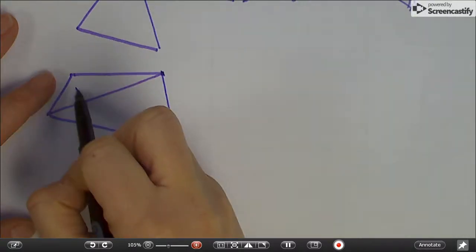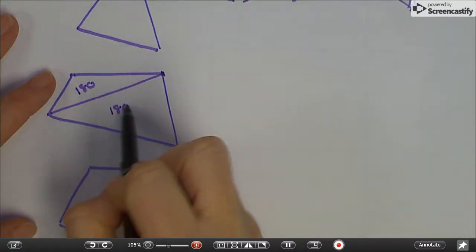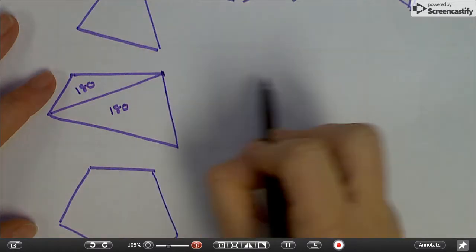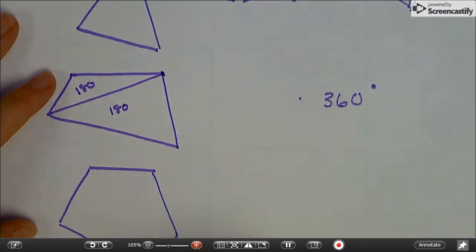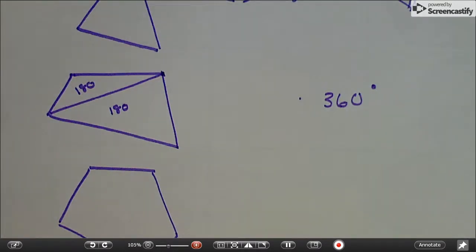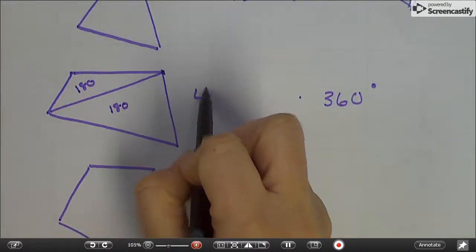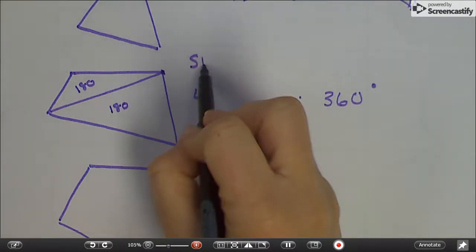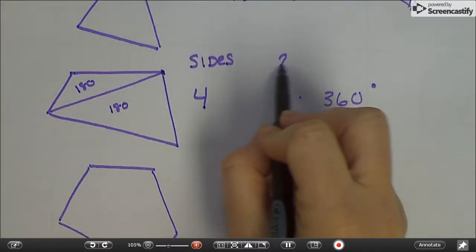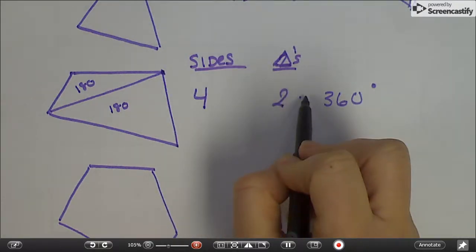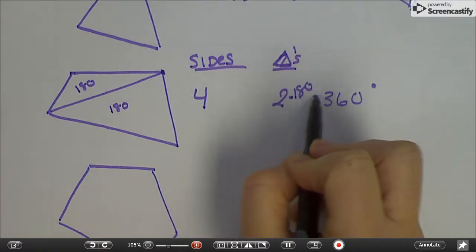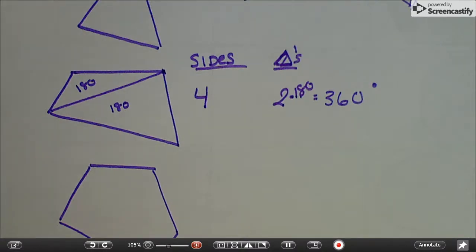Well, if each triangle has 180 degrees, then wouldn't this quadrilateral have 360? Which you know is true from the quadrilateral unit. So it had four sides. Here, I'll make a little chart. Four sides, two triangles, and we multiplied each triangle by 180 and got 360 degrees.